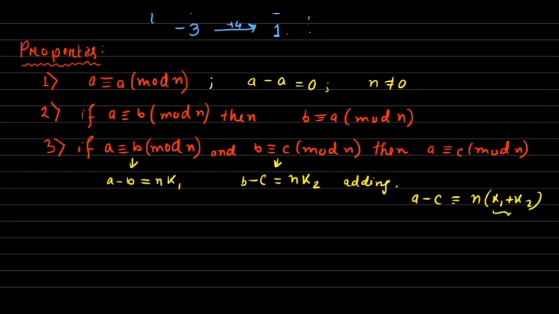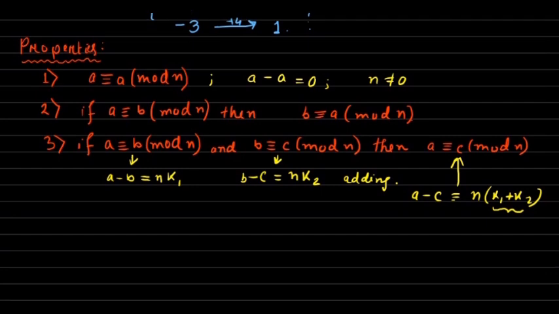Since k1 and k2 are integers, after adding these two we will definitely get an integer also. So everything is an integer. That means A minus C is also divisible by n. So that is what is written over here. Okay, I think this is also clear.